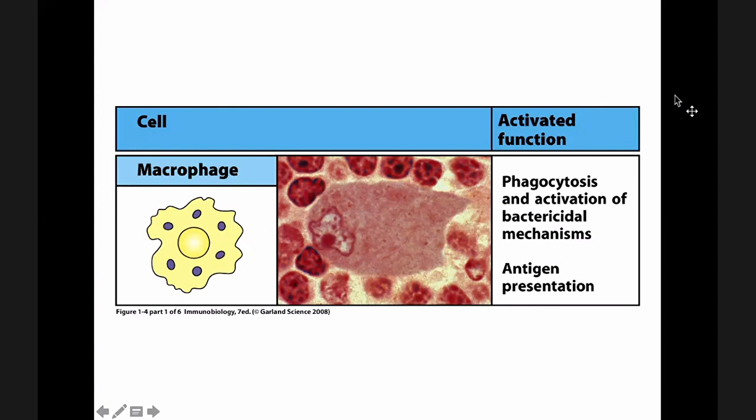Now, very briefly, we are going to talk about the function of each one of those cell types. Macrophages are predominantly responsible for phagocytosis and activation of bactericidal mechanisms. They produce a lot of reactive oxygen species and reactive nitrogen species, and are responsible for killing the engulfed microbe intracellularly.